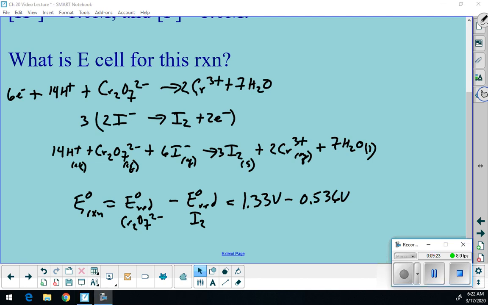Okay, here we go. Let's try this. 1.33 minus 0.536, and I get 0.794 volts, although that 4 is not going to be significant, is it? All right, so here we go.